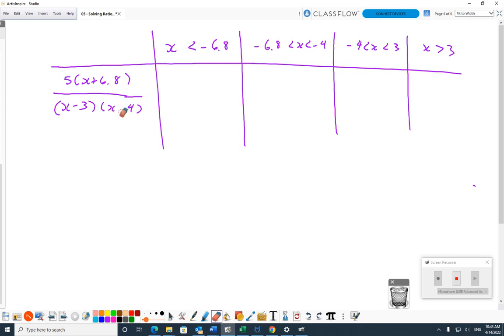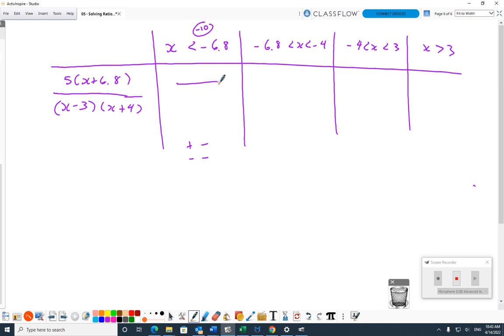Just going to tidy that up a little bit. So x less than negative 6.8, say like negative 10. That means the 5 is going to be positive. As I put those in there, that's positive, that's negative, that's negative. Oh, that last one's negative. I knew that didn't feel right. Negative 10 plus 4 is negative. So it's negative in this section of the chart.